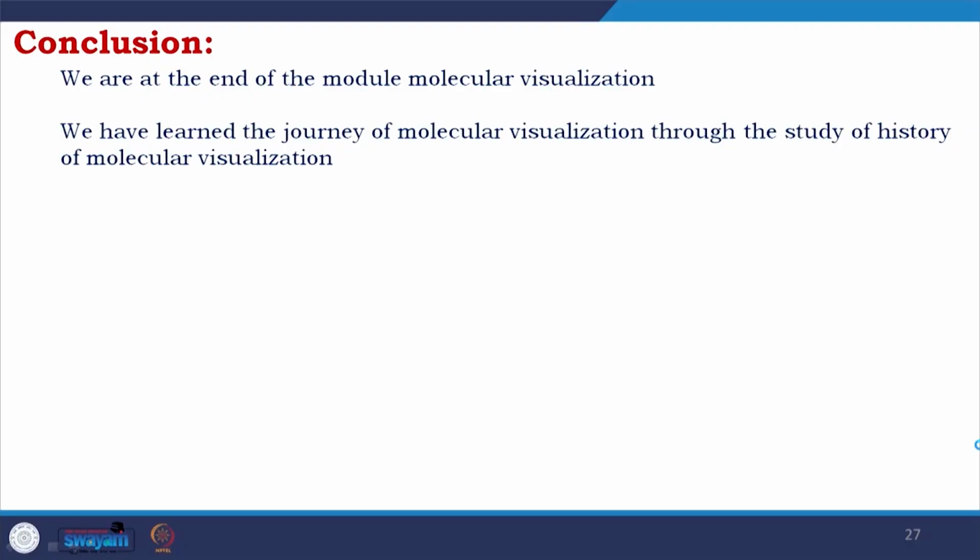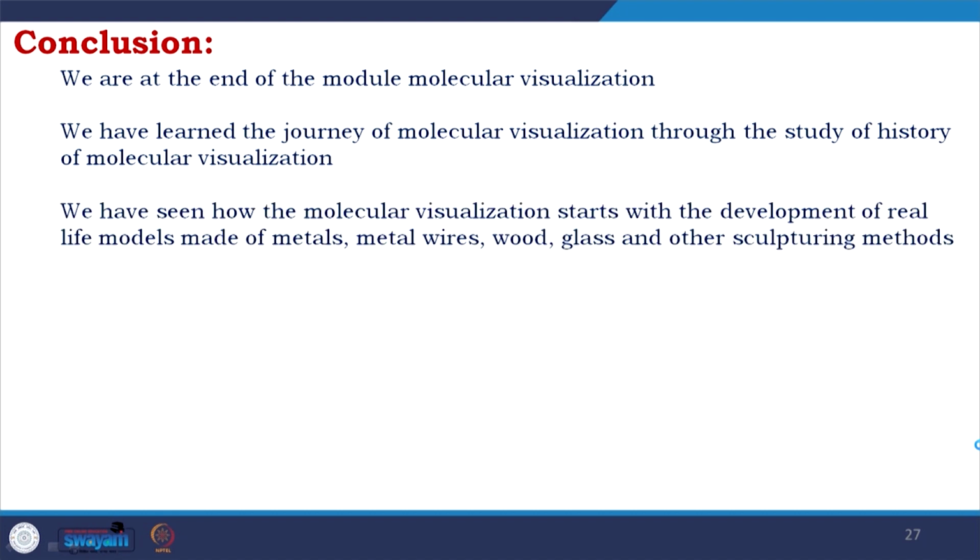So, with that, coming to the conclusion of this module, we are at the end of the module on molecular visualization. We have learned the journey of molecular visualization through the study of its history. We have seen how molecular visualization starts with the development of real life models made of metals, metal wares, wood, glass and other sculpturing methods. You probably remember a very significant story of Byron Bend.